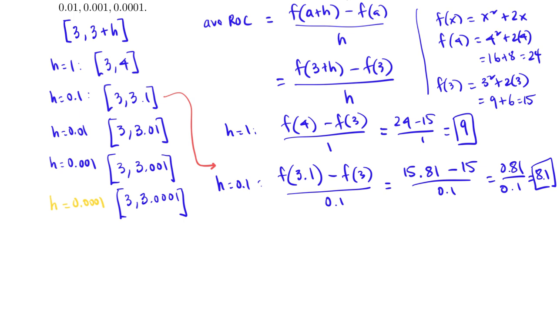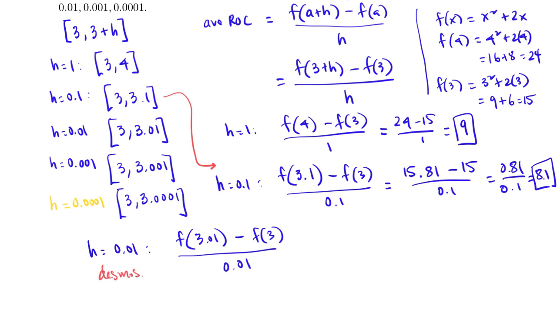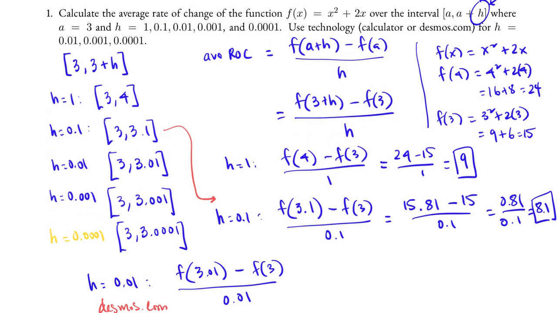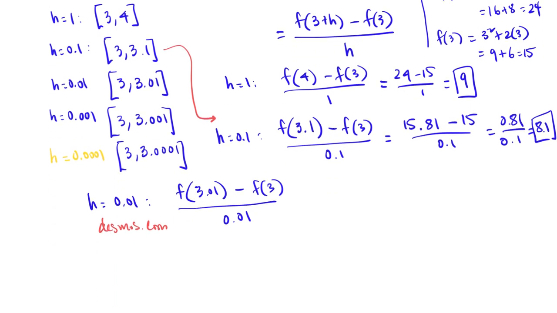For the next few intervals, we just simply use a calculator. For h equals 0.01, the average rate of change is f of 3.01 minus f of 3 over 0.01. And if we were to use a calculator such as Desmos.com, we will specify the function first by writing f of x, and then we just simply type f of 3.01, and the calculator will give us 15.0801.